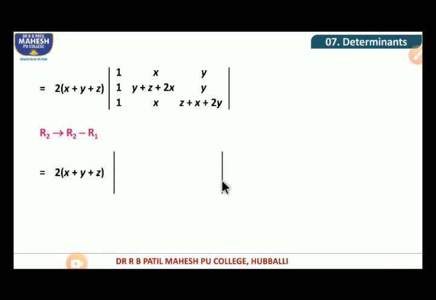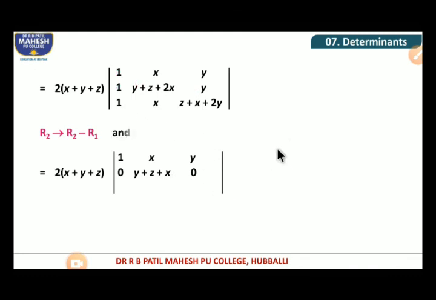So 2 into the bracket of x plus y plus z into the determinant, first row as it is, 1 x y, and the second row becomes 1 minus 1 is 0, y plus z plus 2x minus x becomes x plus y plus z. Here y minus y becomes 0. Therefore we have it like this.